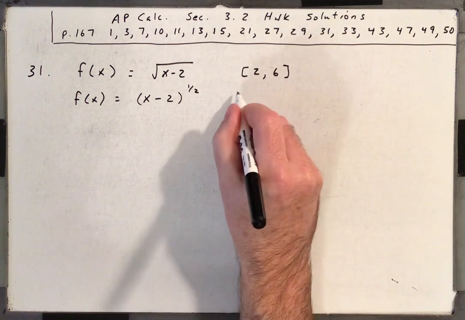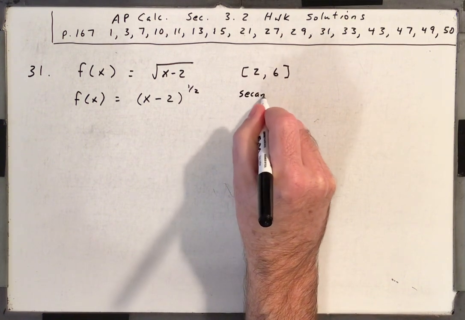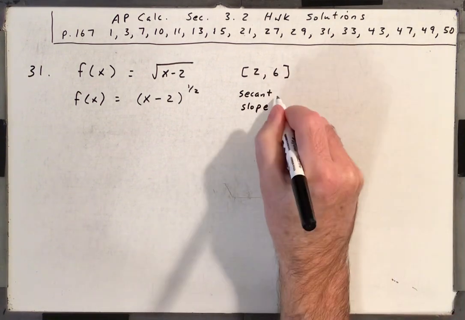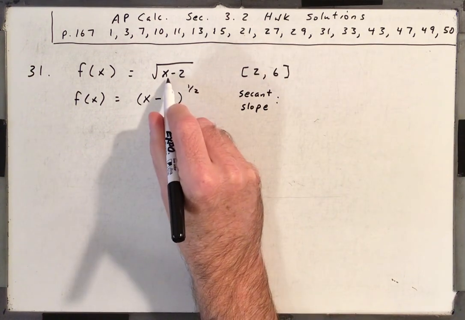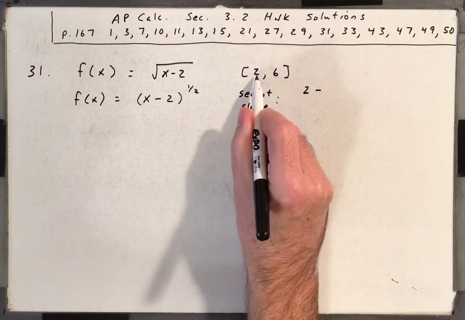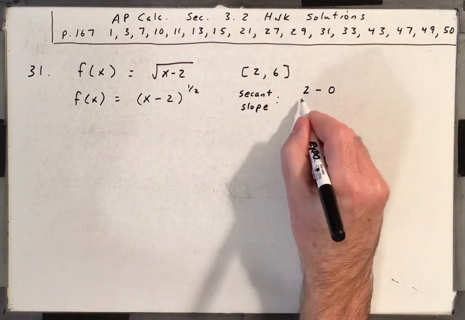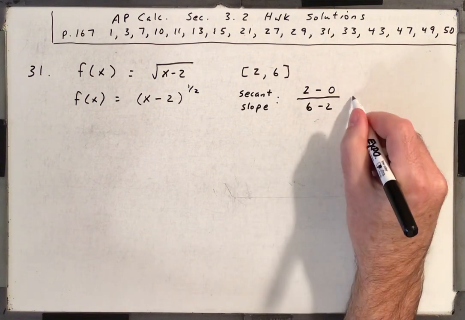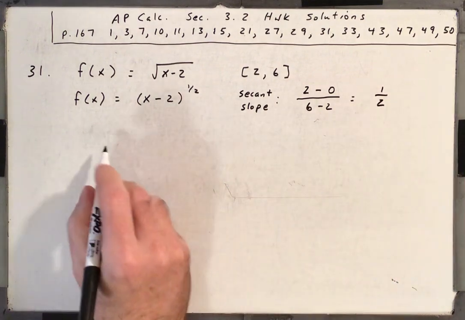Now I've got to get the secant slope. That's going to be f of 6, so that's the square root of 4, which is 2, minus 0, f of 2, over 6 minus 2, so that would be 2 over 4, which is 1/2. So that's what we're going to set the derivative equal to.